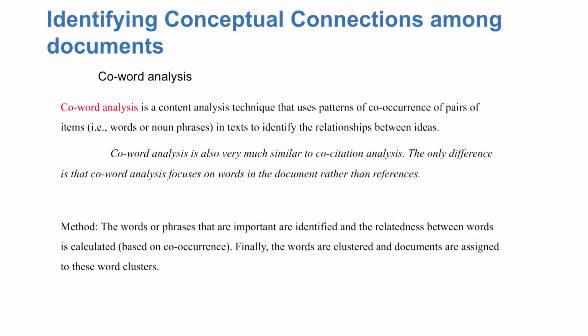Similar to co-citation is co-word analysis, where we look at the co-occurrence of pairs of items, words, keywords in different research papers, to see how we can thematically group the research papers. This is very important for your library and information science professionals.